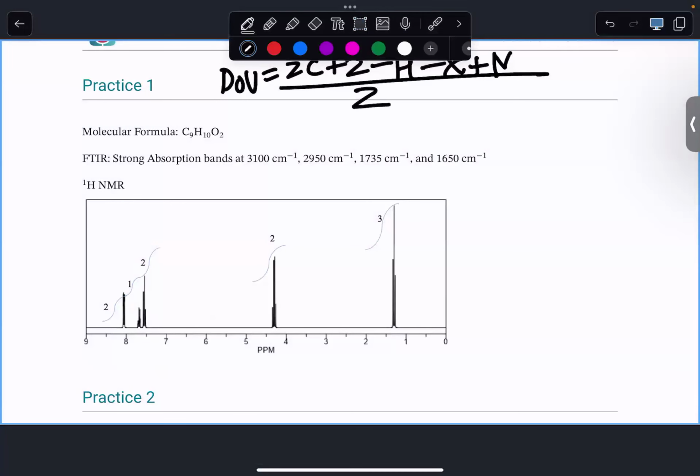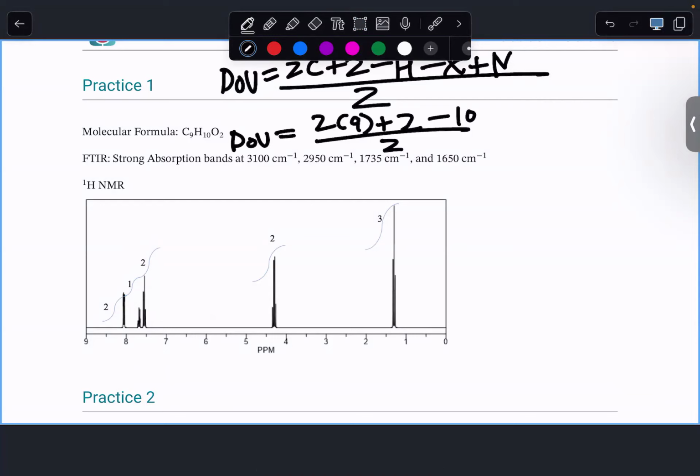And problem number 1, the DOU is 2 times 9 plus 2 minus 10 all over 2. That's 18 plus 2, 20, 20 minus 10, 10 over 2, 5. Okay. And do you guys remember what DOU is, what it represents? Yeah, degrees of saturation, that's right.